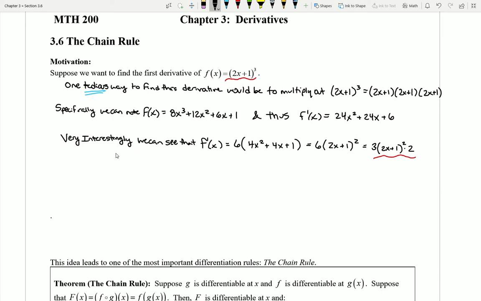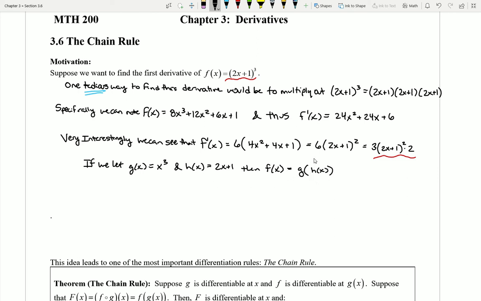So we might notice that if we let g of x be equal to x to the third power, and h of x be equal to 2x plus 1, then f of x, our function up above, can be written as a composition of functions, much like what we talked about on skills check number 2. I can see this as a composition. This looks like the function h got plugged inside of the function g.